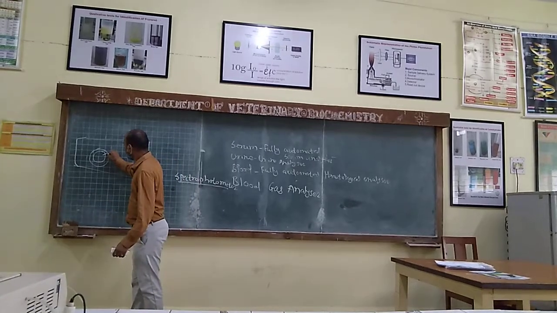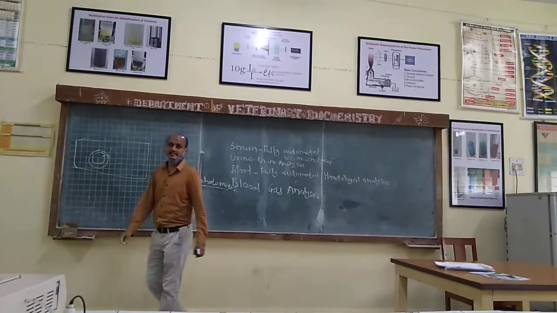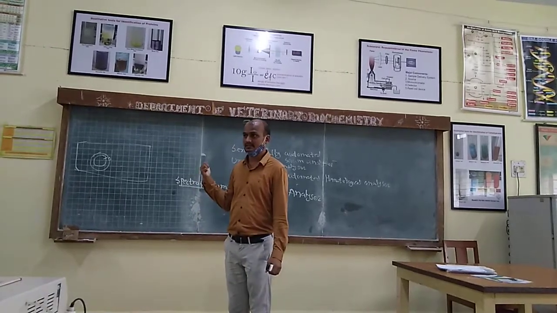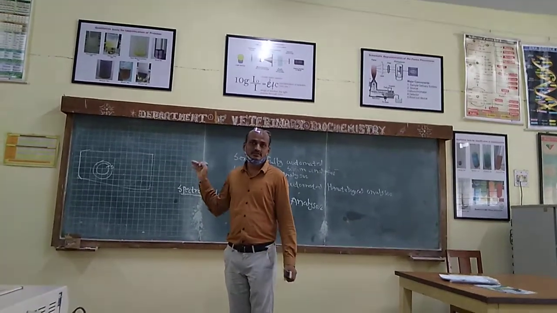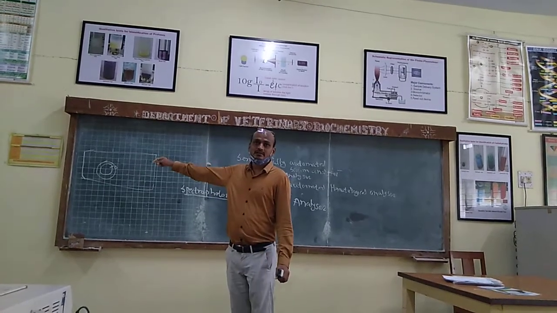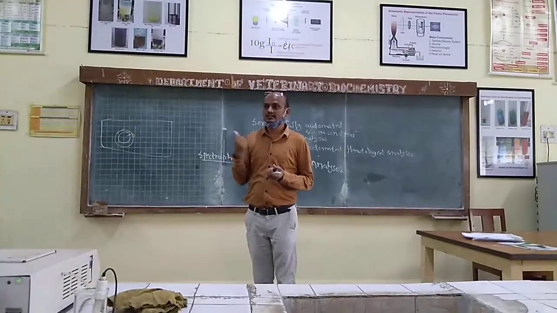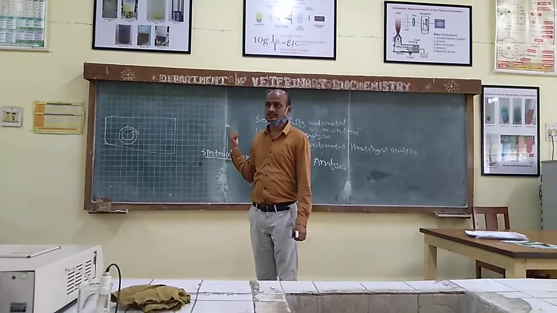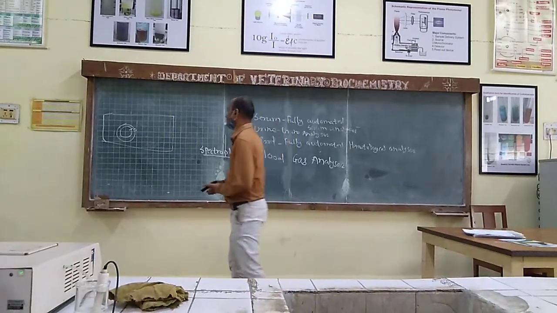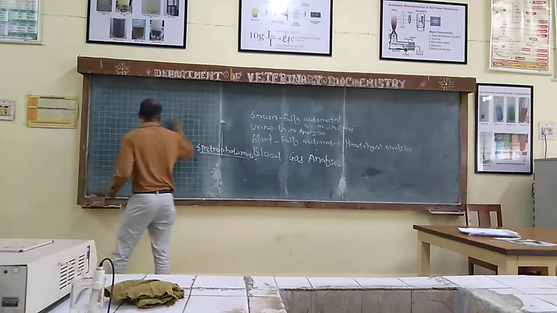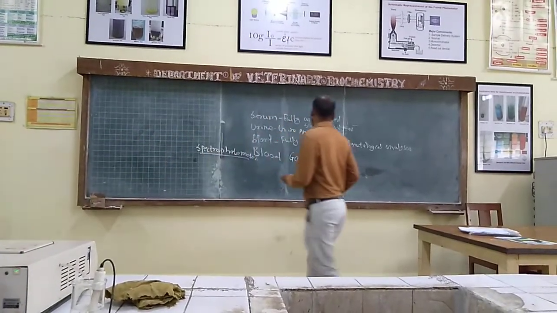In the outer wheel, we are going to keep the samples which we are going to test. Your job is only to keep these things. Once they are kept, all the pipetting and other steps will be taken care of by the equipment. That is why it is called a fully automated analyzer. We are going to see about it.